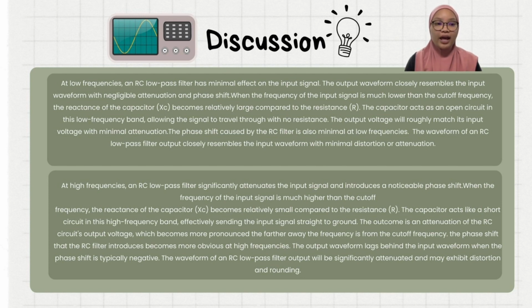The capacitor acts as an open circuit in this low frequency band, allowing the signal to travel through with no resistance. The output voltage will roughly match its input voltage with minimal attenuation.